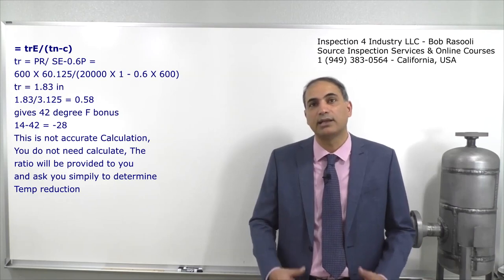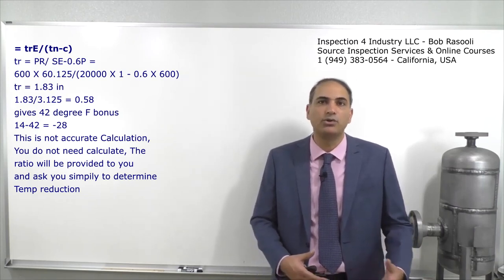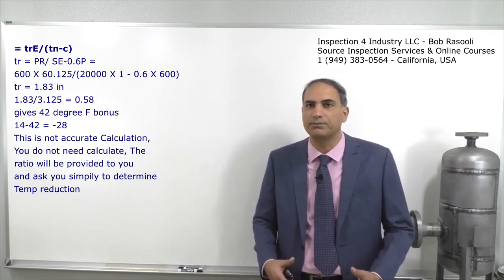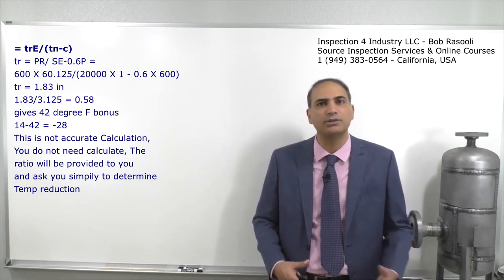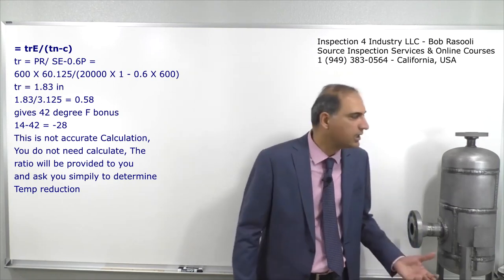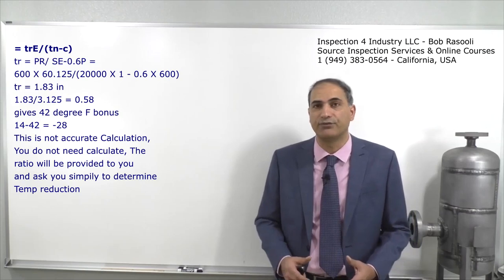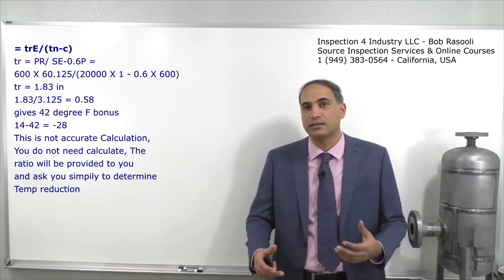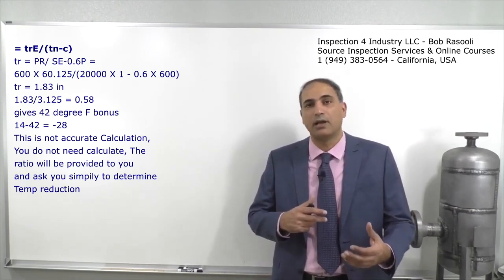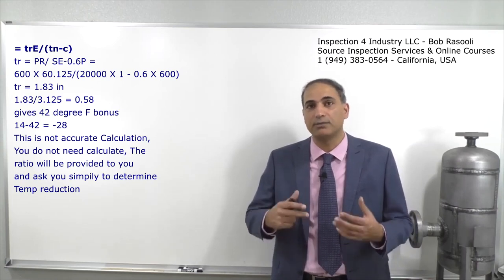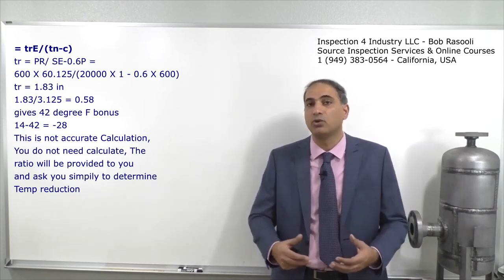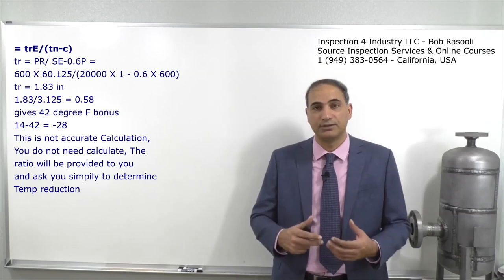So you are going to get a little bit of credit for that as well. Another credit that you're going to get is that your design pressure is 900 psi at 700 degrees Fahrenheit, but we're talking here about minus 30 degrees Fahrenheit. When your temperature comes down, normally your pressure also decreases.